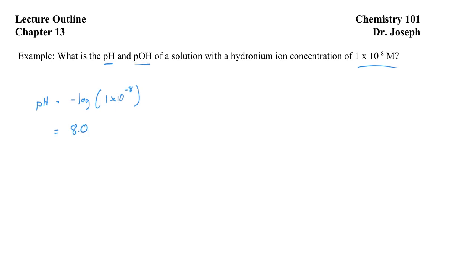And now we need to find the pOH, which we can find pretty easily using that formula I showed on the previous page. So we know that the pH plus the pOH is always equal to 14. So now we can find the pOH simply by subtracting the pH from 14.